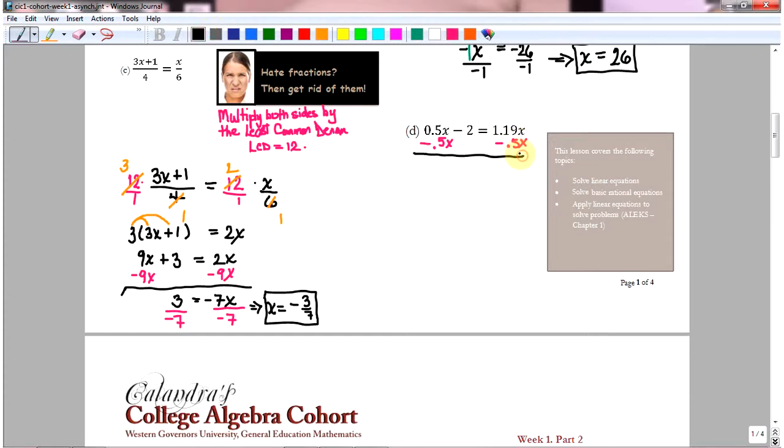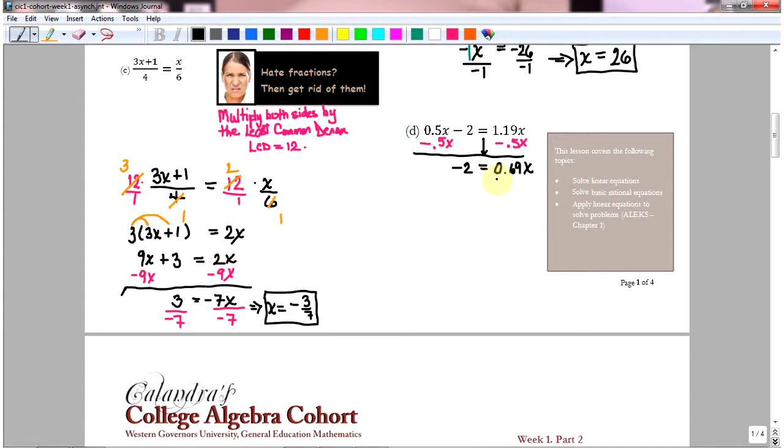The 0.5x's cancel and we're left with a negative 2 on the left, bringing down our equal sign. 1.19 minus 0.5, just get your calculator out if you need to. That's going to leave us with a positive 0.69x.